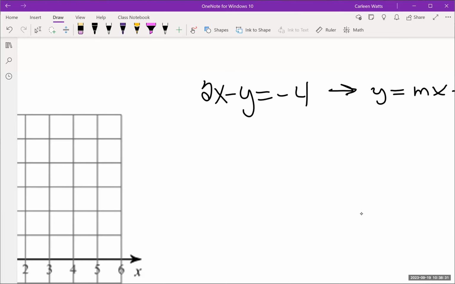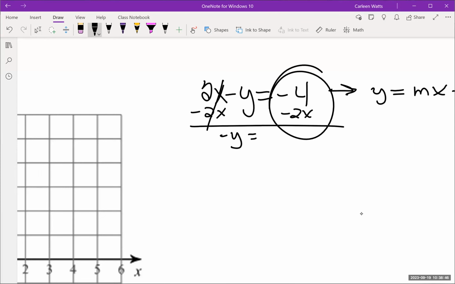The x's are positive, so I'm going to subtract 2 x's. Do you see that the negative is attached to the y? Now, not like terms. I cannot combine those. So negative y equals negative 2x plus 4. So that's really an invisible 1.